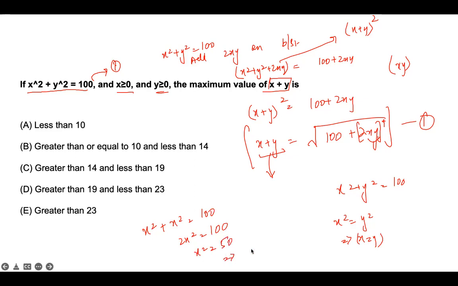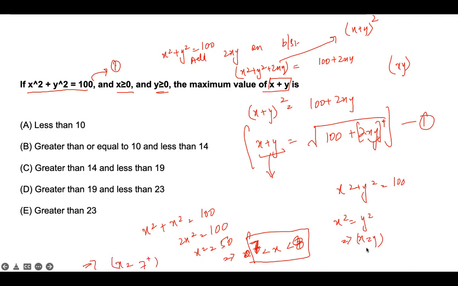And if we take the square root, the value of x will be greater than 7 and less than 8. We don't need to actually know that, so I can write this as x is equal to 7 plus, that means a bit greater than 7.